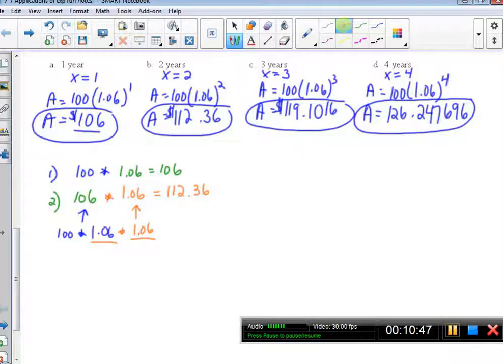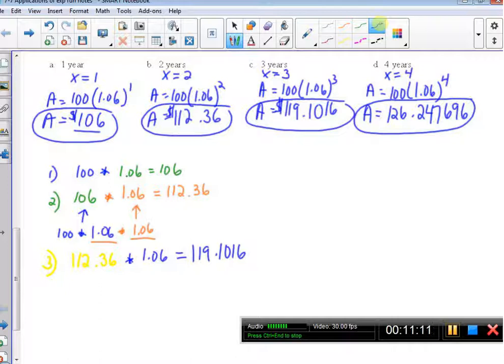If you were to do this without the formula, for year 3 we would take 112.36 times 1.06, and that would give you 119.1016.